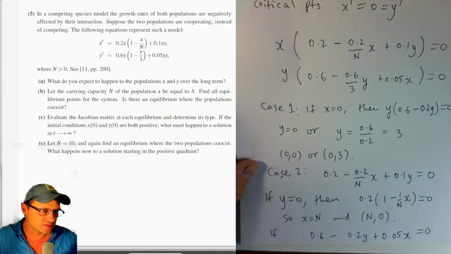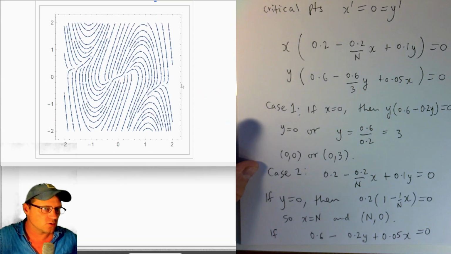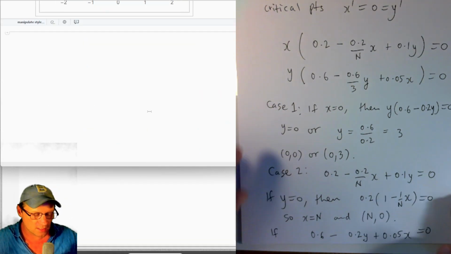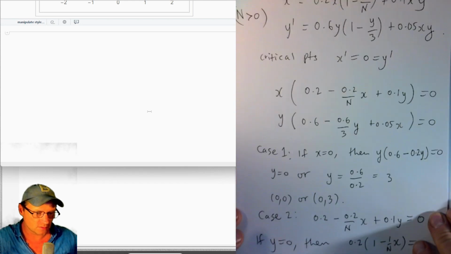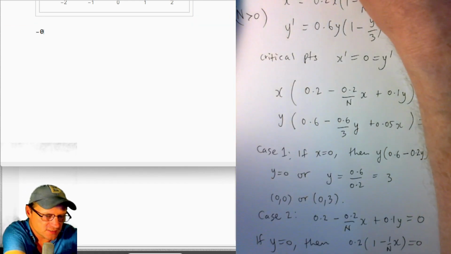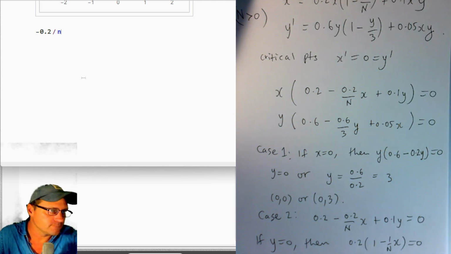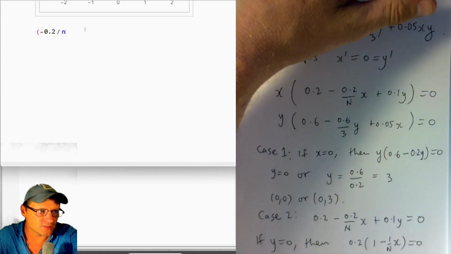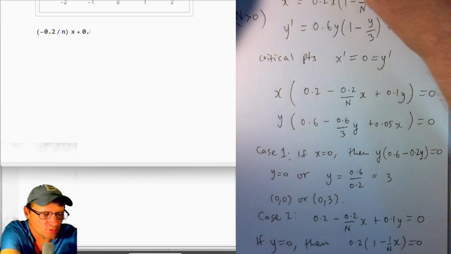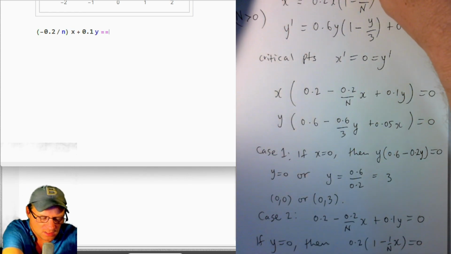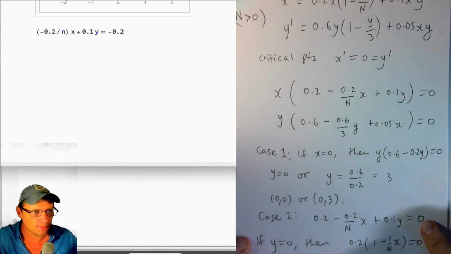Now, I think just to make this easier, I'll just get Mathematica to do that part. I'll open this up. And so I'll type in those two linear equations. So we have minus 0.2 over n brackets x plus 0.1 y equals minus 0.2. That's our first equation there.